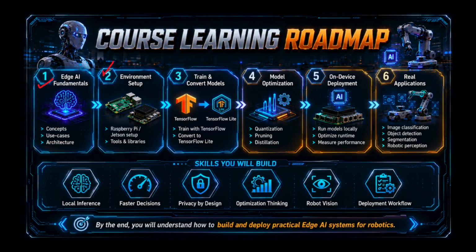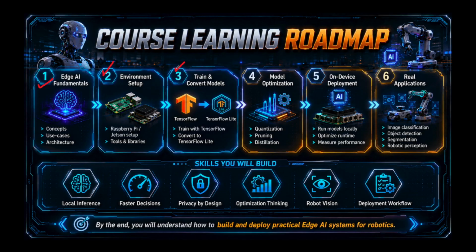Then we prepare our development environment and explore the hardware and software ecosystem. After that, we work with the AI models. Then we will look at how models are trained and how they are converted into forms that are more suitable for deployment.